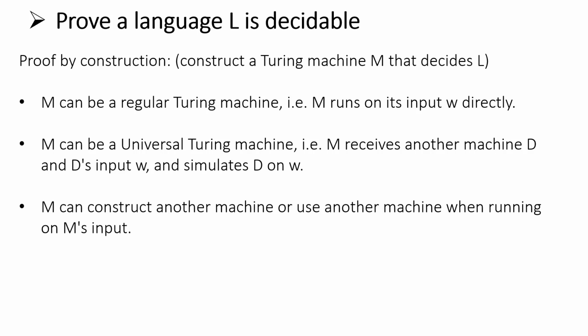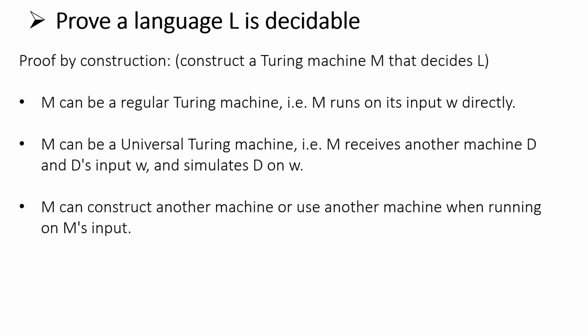Now let's prove a given language L is decidable by construction. We construct a Turing machine that decides L. Here we only use high-level descriptions and don't consider the details of state diagrams. We can either construct a regular Turing machine M, which runs on its own input string directly, or we can construct a universal Turing machine M, which runs another machine D on D's input.